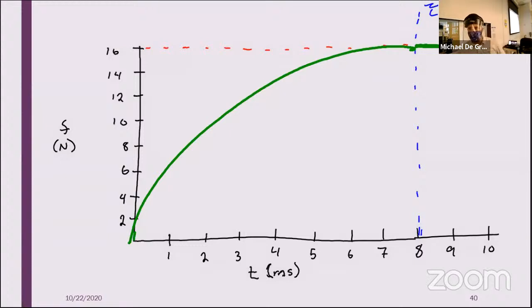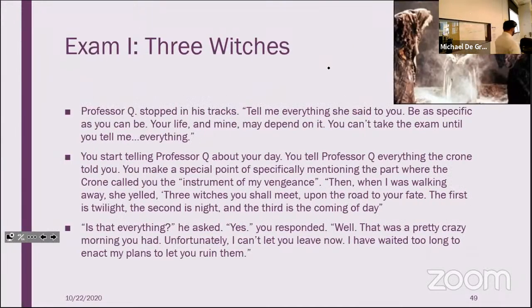Well, if that's the case, I did promise you that we would tie up our story based off of the quiz score. So here we go. Remember, we left off, you had to tell Professor Q everything that the old homeless lady had told you. So you start telling Professor Q about your day, you tell him everything the crone told you.